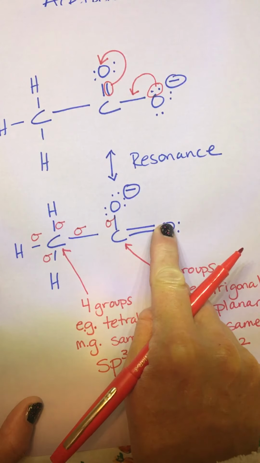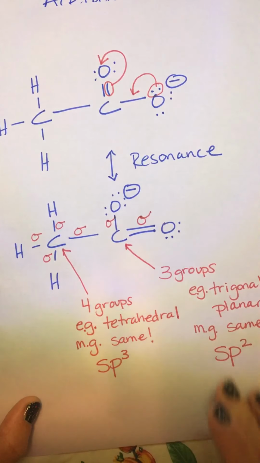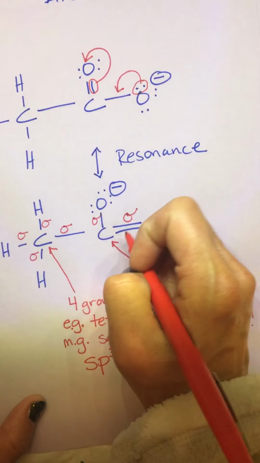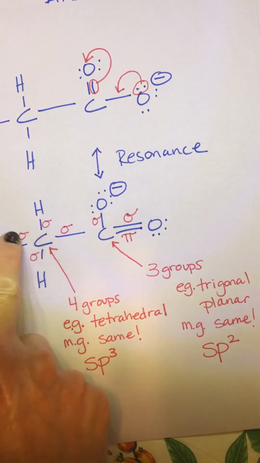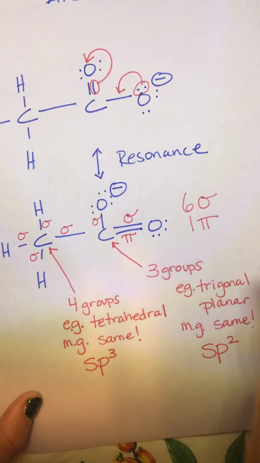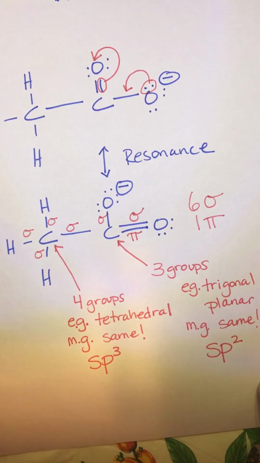We also have a sigma here because first that carbon had to meet that oxygen. Then they really liked each other, so they interacted their 3rd p orbitals to give this pi bond right there. So we've got a total of 1, 2, 3, 4, 5, 6. We have 6 sigma bonds and 1 pi bond in that acetate ion right there.